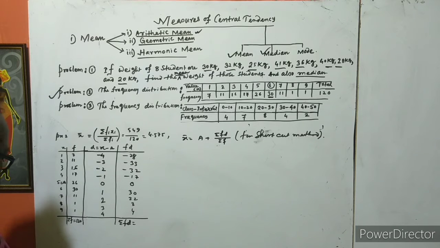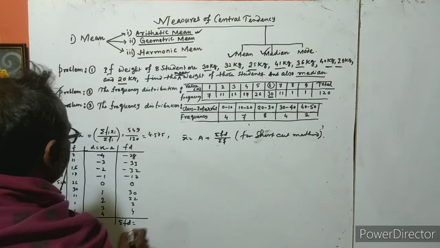Okay, then minus 17. Okay, then minus 32. Okay, then minus 33. Okay, then minus 28.